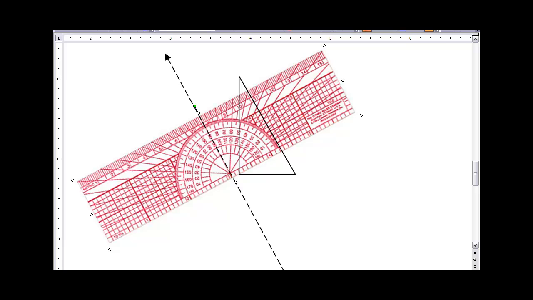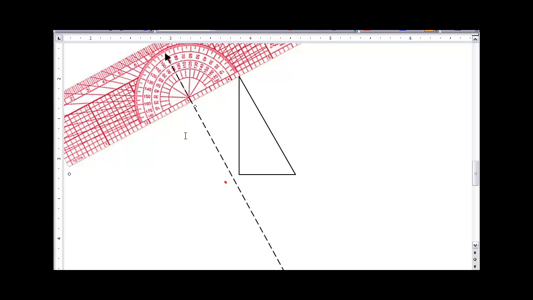So I'm going to come on this side of the line and plot where that point would be right along that ruler. Okay, so that would represent my image point, and then I'm going to repeat the process for the other 2 points. So with this point here, you can see that it's a little bit more than 1.2 inches in this direction, so I've got to come 1.2 inches in the opposite direction.